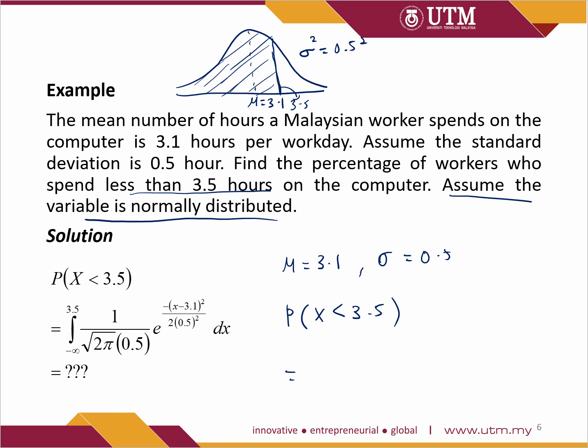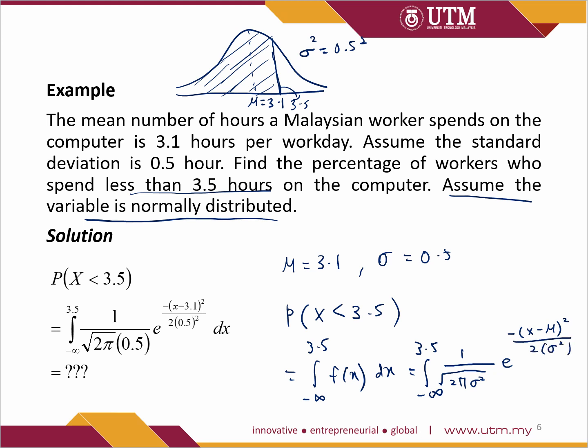Meaning that we have to find the integration from negative infinity up to 3.5 of the density function of the normal, which is 1 over the square root of 2 pi sigma squared, times e to the power of negative (x minus mean) squared over 2 sigma squared, dx.